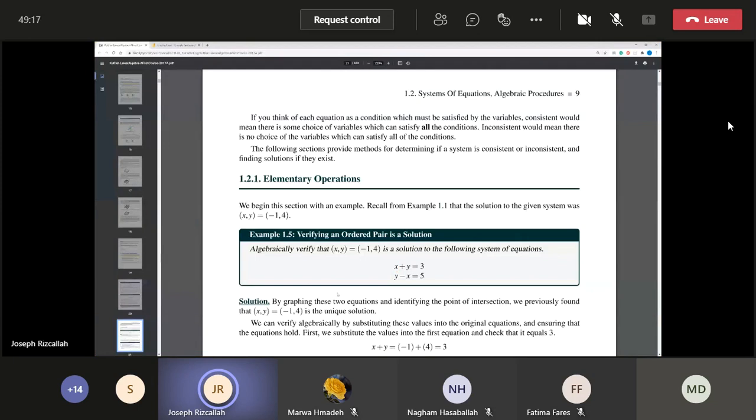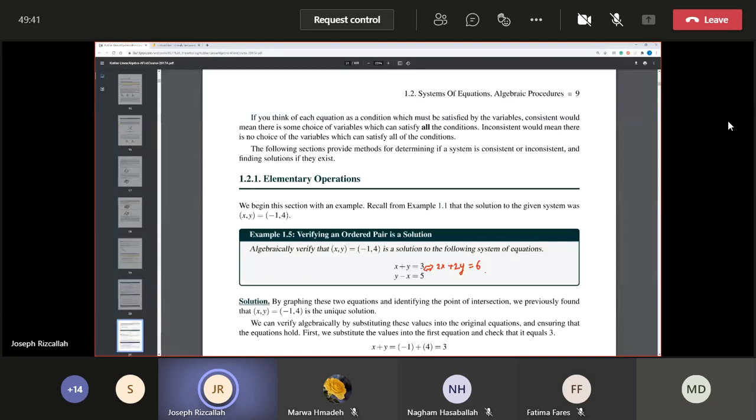For example, this equation here, you can multiply it, let's say, by 2, and it would read then 2x plus 2y is equal to 6, right? This equation is exactly the same as this one. There's nothing new in it. You can get from one to the other by either multiplying by 2 or dividing by 2. And these equations are exactly the same.